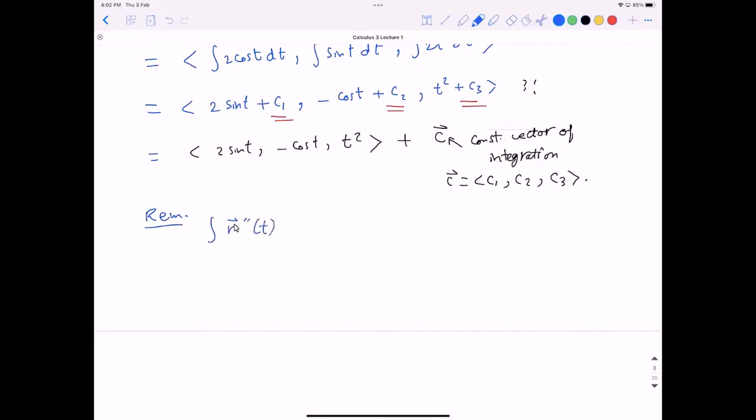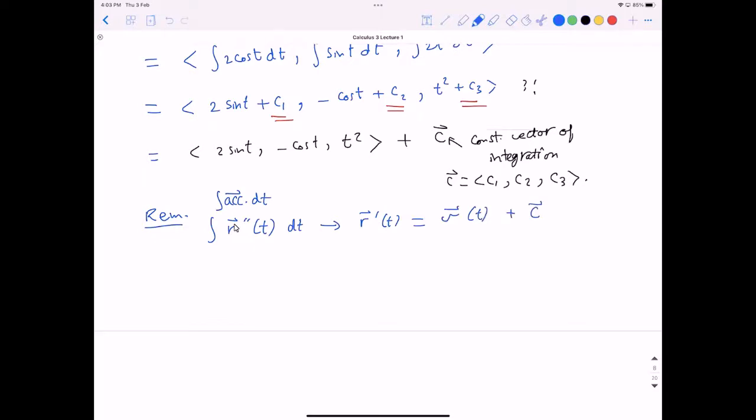If you are given r double prime, the acceleration, this will give you the velocity. This is the acceleration vector, which is r double prime. Then we get the velocity vector r prime plus constant vector.